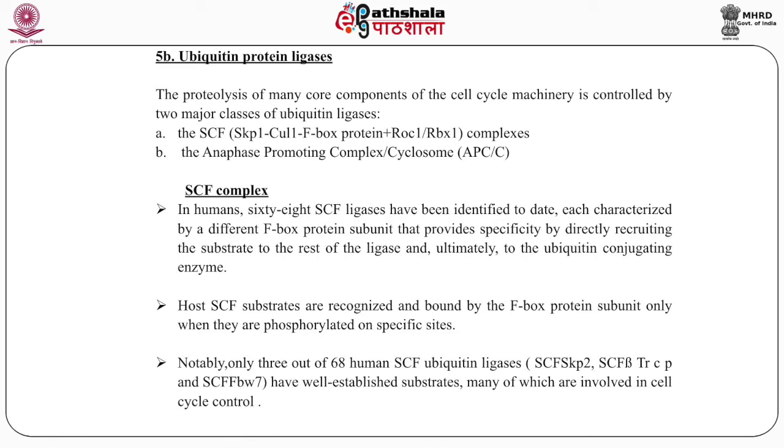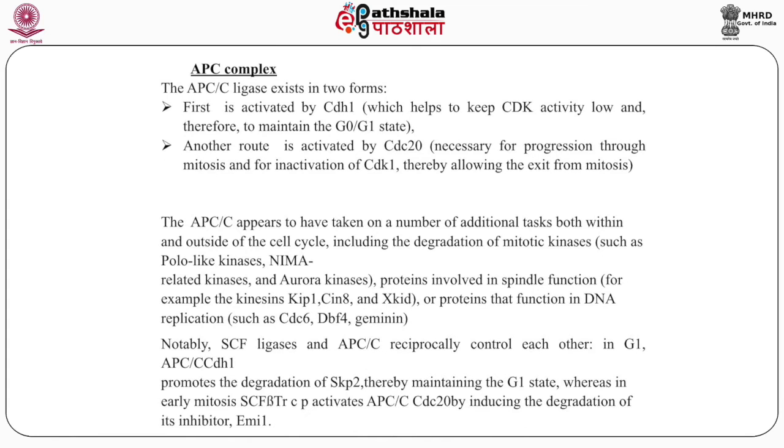Most SCF substrates are recognized and bound by the F-box protein subunit only when they are phosphorylated on specific sites. Notably, only 3 out of 68 human SCF ubiquitin ligases have well-established substrates, many of which are involved in cell cycle control.